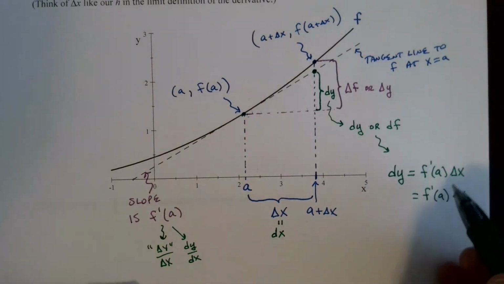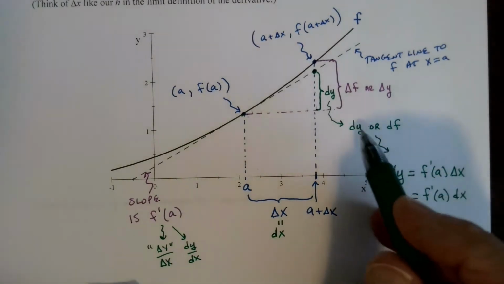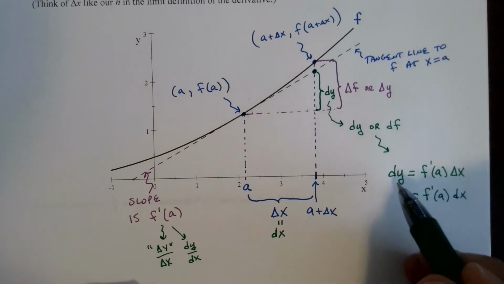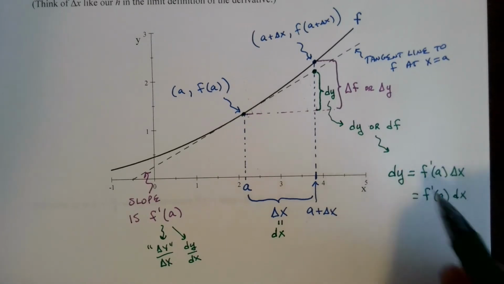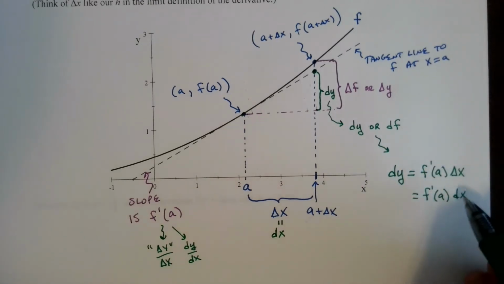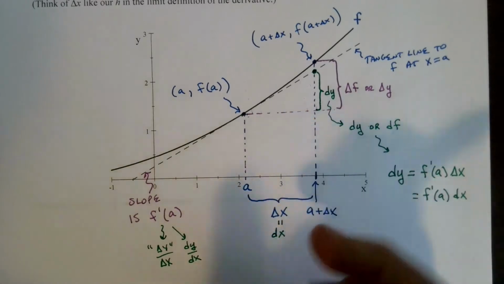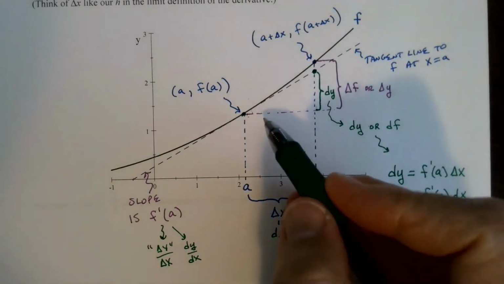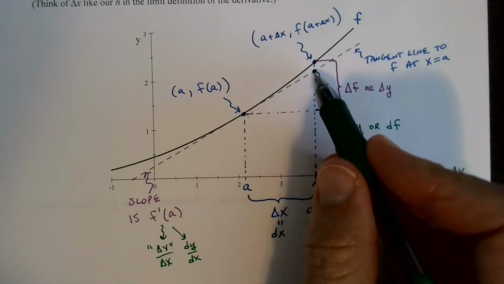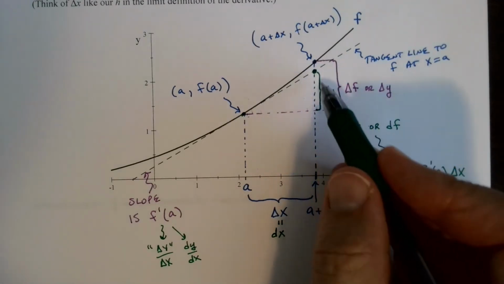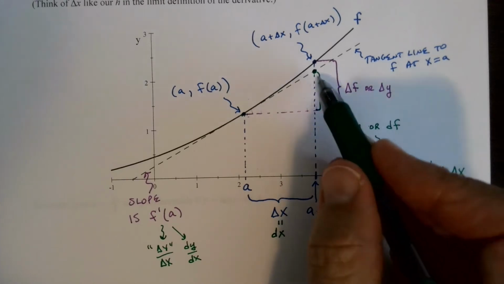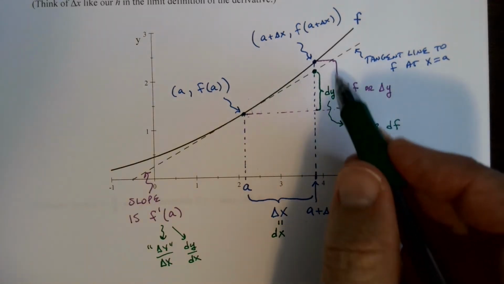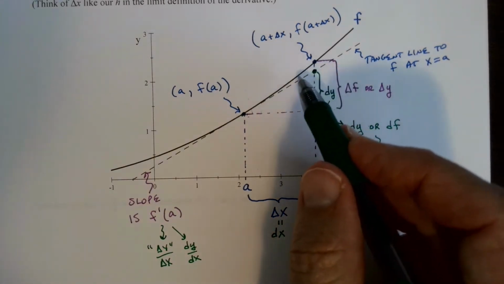Now, what's the difference between delta x and dx, delta y and dy? Well, the d is again thinking of a very small, infinitesimally small change in y, or the corresponding infinitesimally small change in x. And you can see as delta x gets smaller and smaller, that's what we're thinking. Notice that the difference between dy, our differential, which is what this is called, and delta f, or delta y, they're going to get closer to one another.